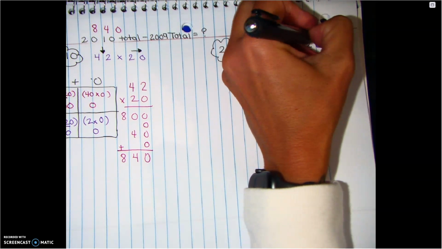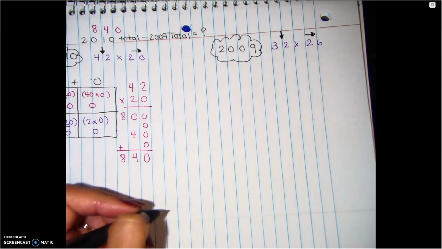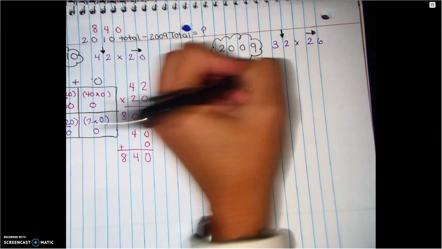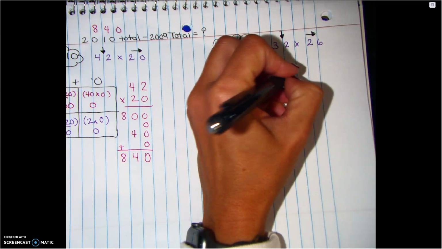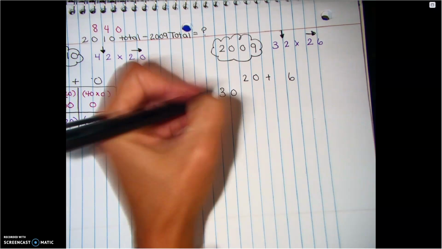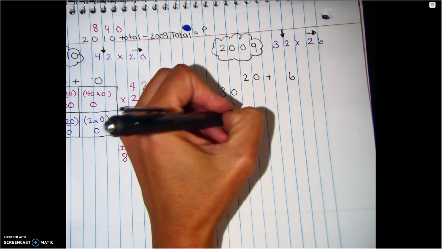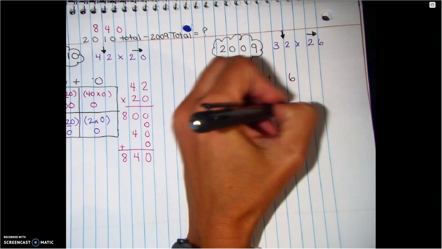Draw my arrow over, my arrow down, and then we're going to expand. So now we have 20 plus 6 and 30 plus 2. Draw my lines where my pluses are.